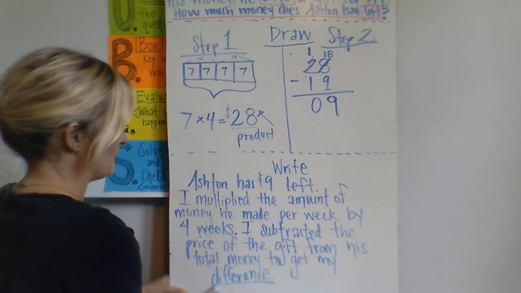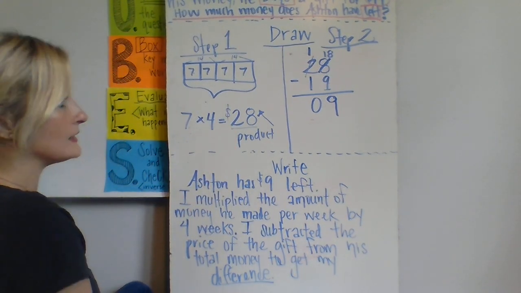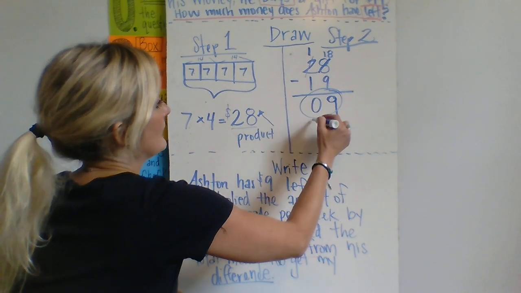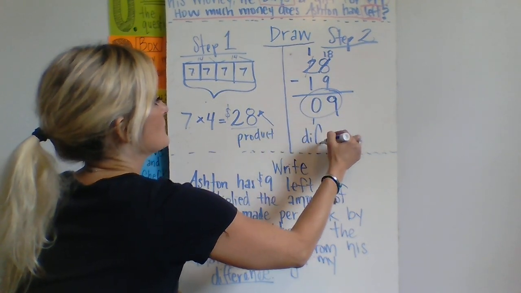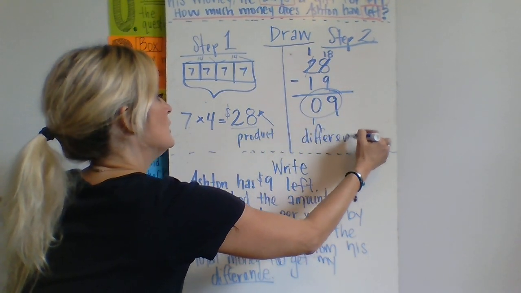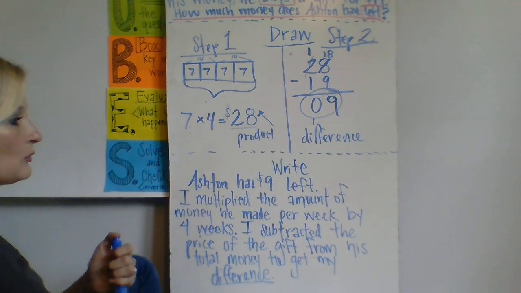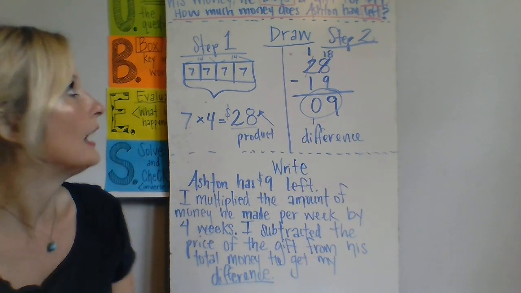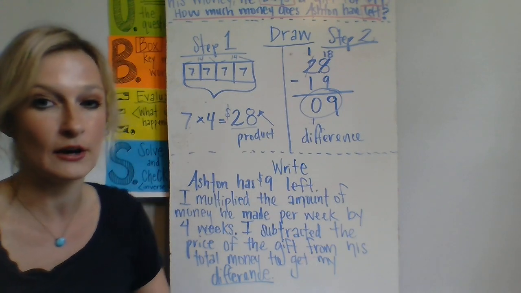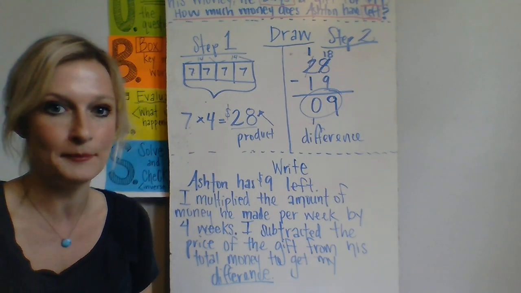Difference is a great math vocabulary word because that is the answer to a subtraction problem. You can be as detailed as you want in your writing, but these are the steps that we go through every day in Math Lab.